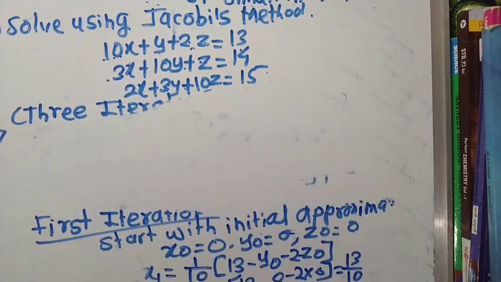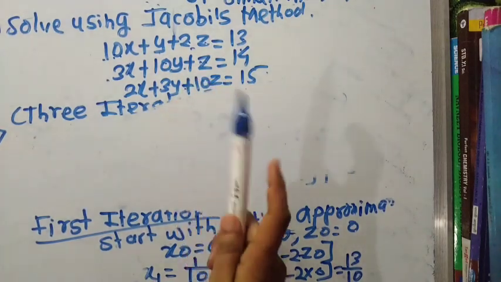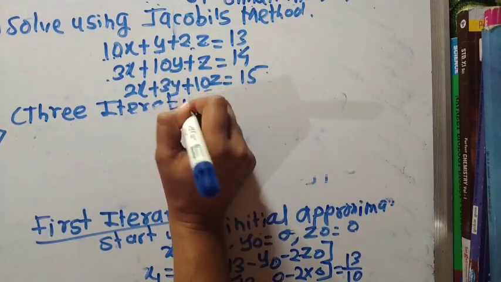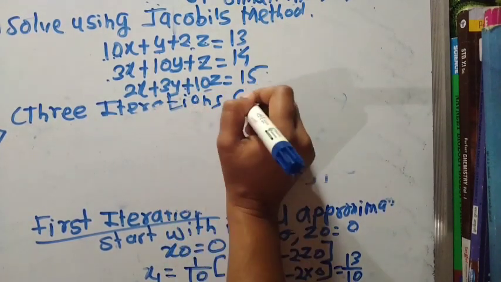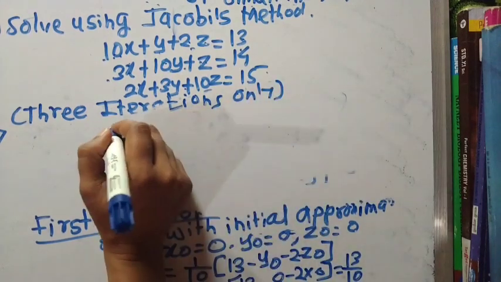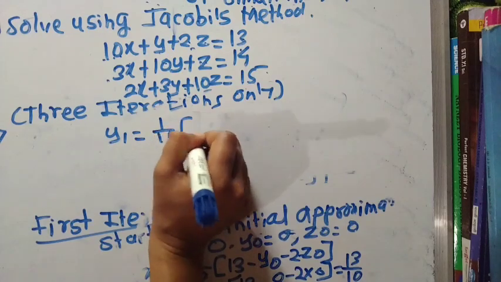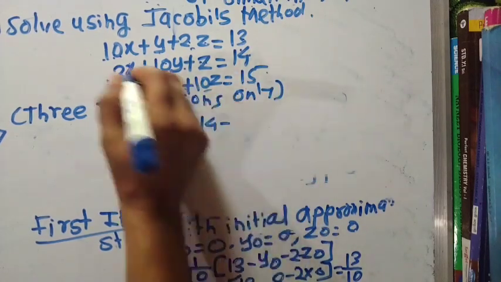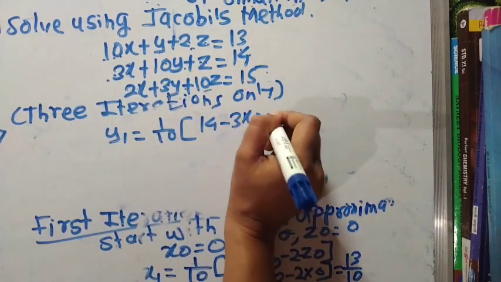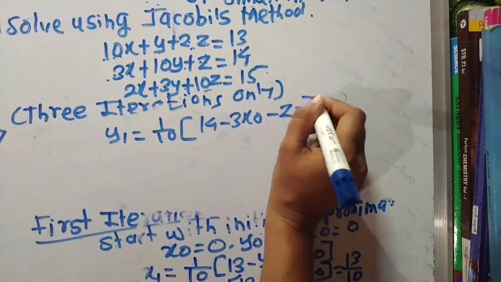Similarly, y1 is equal to 1 divided by 10 (14 minus 3x0 minus z0).